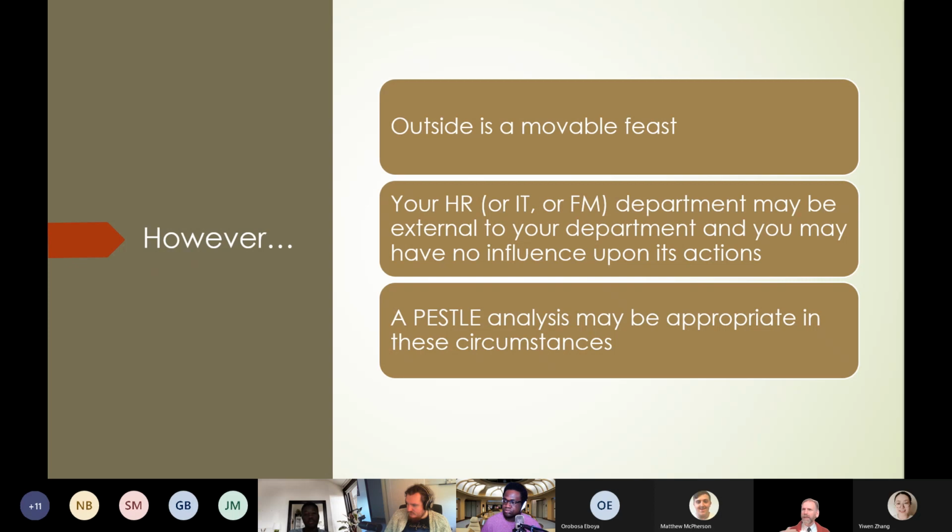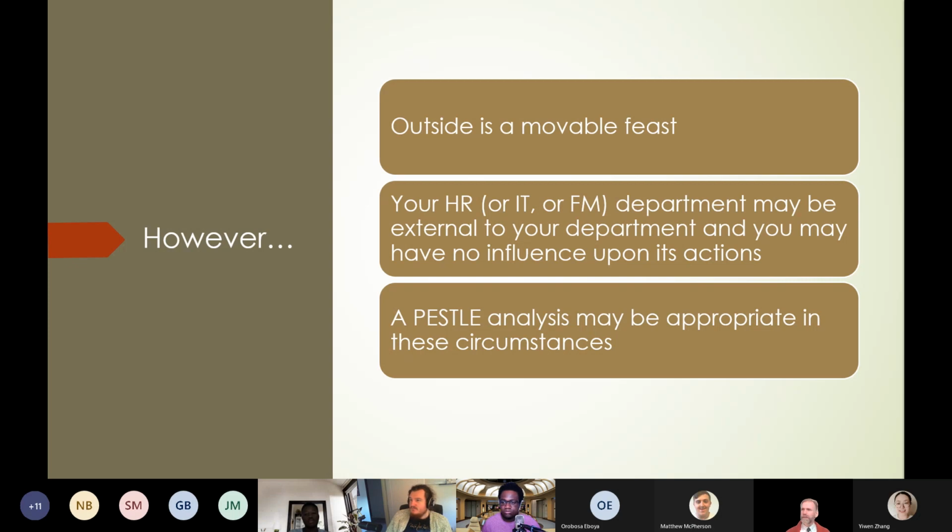In effect, that was an external factor that's affecting your business, because you're going to have to plot how you react to that change, whether you will be able to provide the same sort of functionality that you did before, and if not, how you're going to get around it. So sometimes, even though you're in the same organization, it may still be outside.